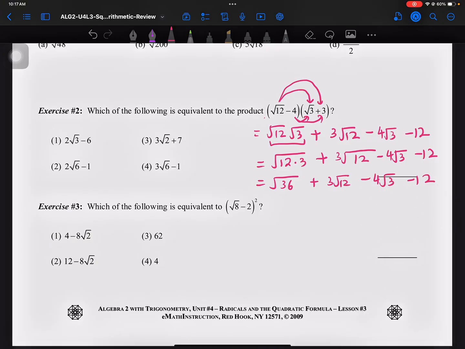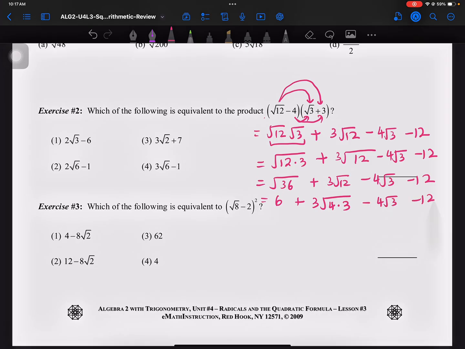Okay, so once you see this, we need to simplify each radical, meaning that √36 is 6, plus √12 is √(4 times 3), minus 4√3 minus 12.